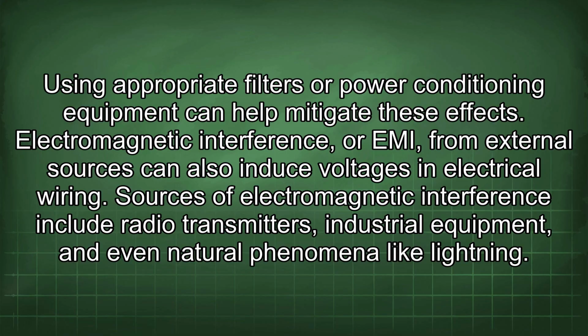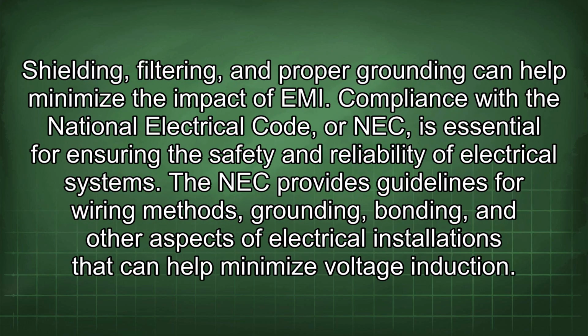Sources of electromagnetic interference include radio transmitters, industrial equipment, and even natural phenomena like lightning. Shielding, filtering, and proper grounding can help minimize the impact of EMI. Compliance with the National Electrical Code, or NEC, is essential for ensuring the safety and reliability of electrical systems.